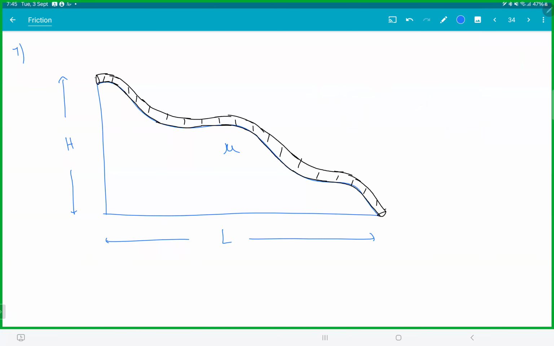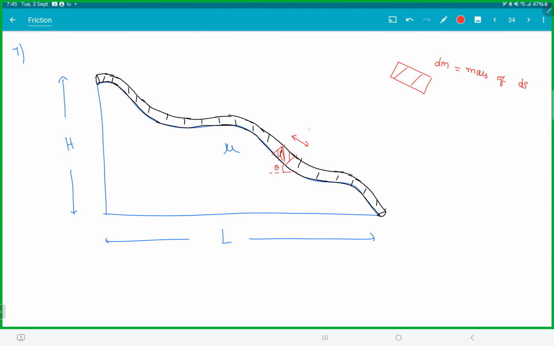If you take any small piece, let's say somewhere in the middle here, take a small piece here, ds. So I can treat this small piece like an incline whose mass is dm, that is the mass of the ds.